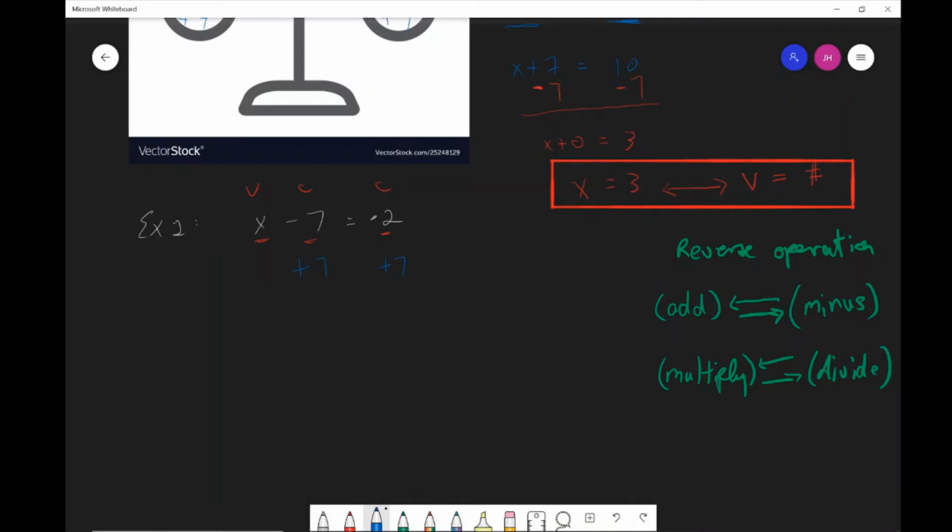Now, minus 7 and plus 7 will get you 0, so you can just cross them out. What's left is x equal to negative 2 plus 7. You do the math, the answer is positive 5. That is my final answer. Again, it verifies the format of variable equal to constant.